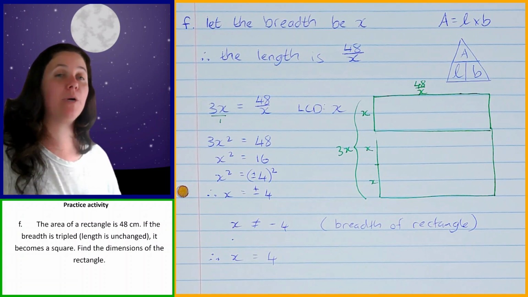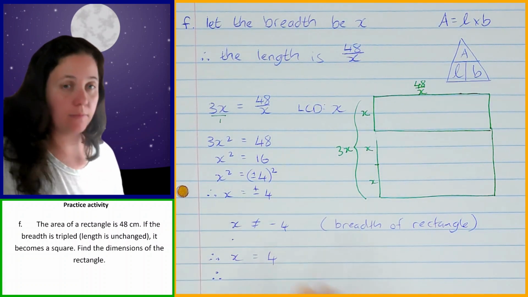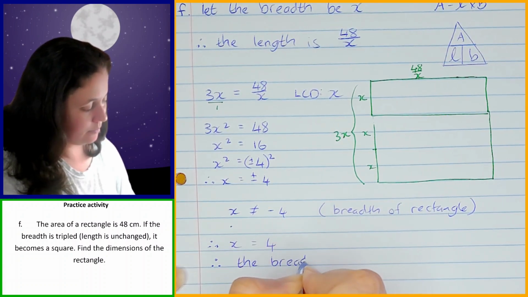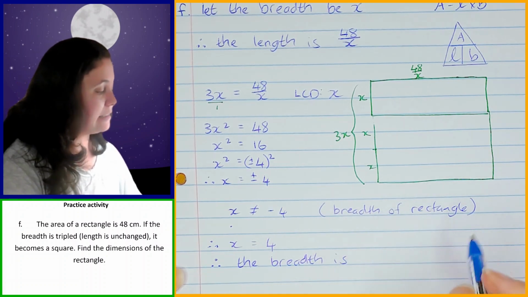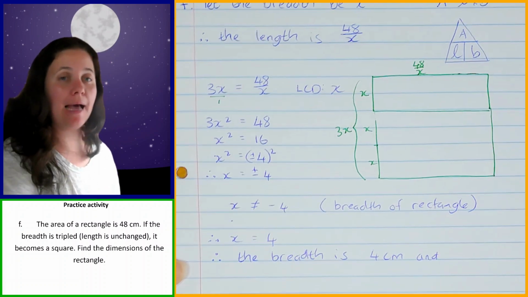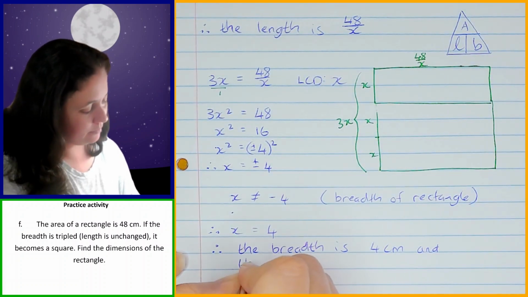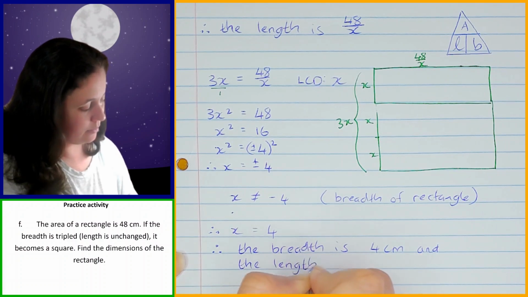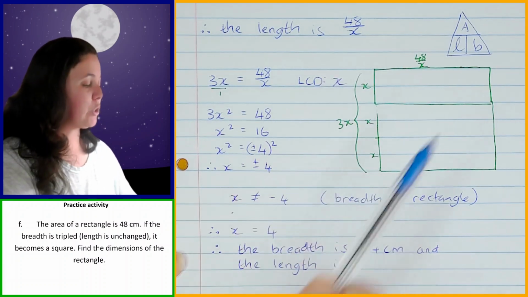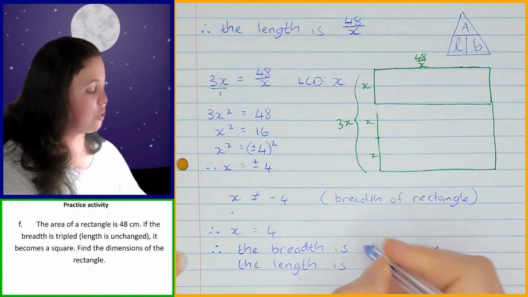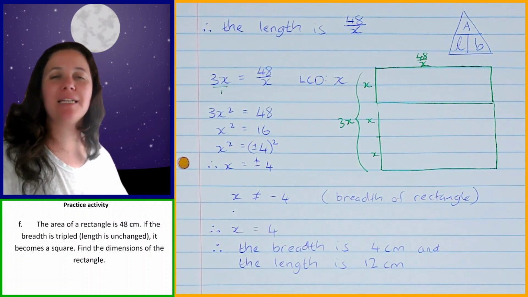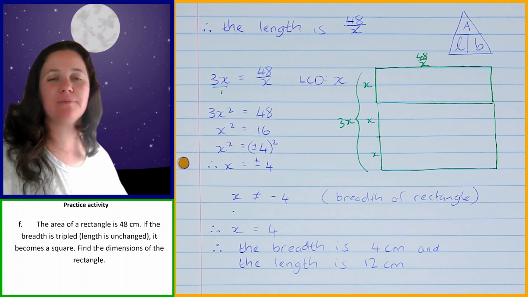So my answer for my question is that the breadth is 4 centimeters, and the length is, remember we had over here that the length is 48 over x, so it's 48 divided by 4, which is 12 centimeters. So that's what you should have got for question F. And that is how we used equations to solve word problems.